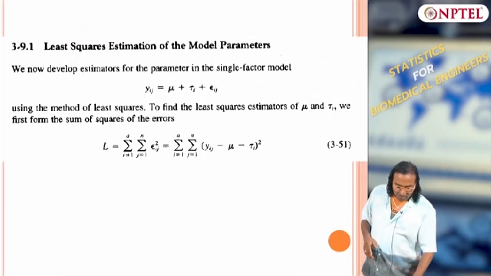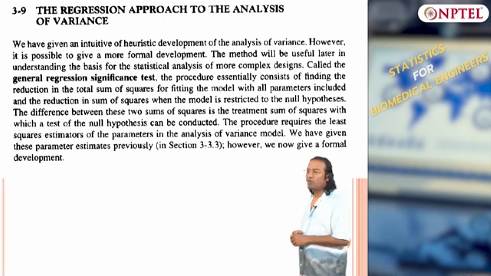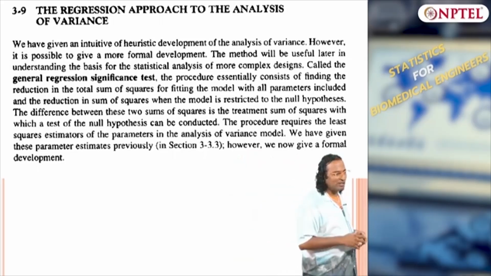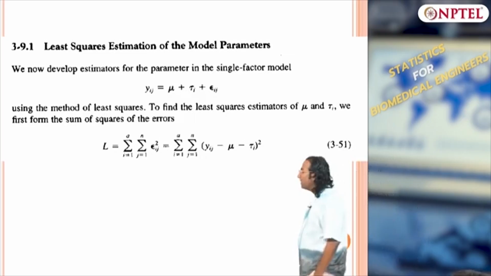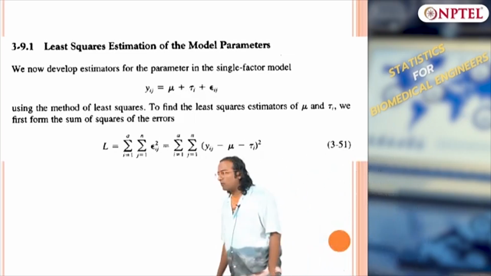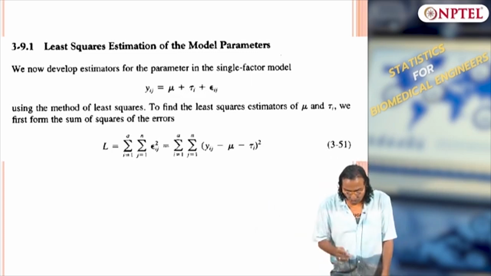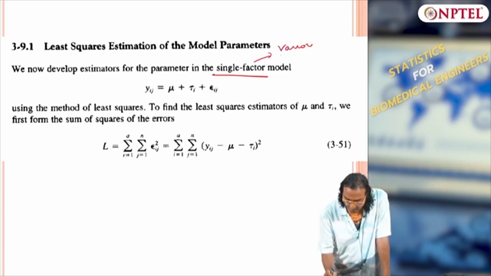So, now we will come back to talking about the regression approach to ANOVA, okay. So far we have blindly used this formula etc. Now we will develop the estimators for parameters in the single factor model. So, that is why I said this is now getting better, it is a single factor at various levels.